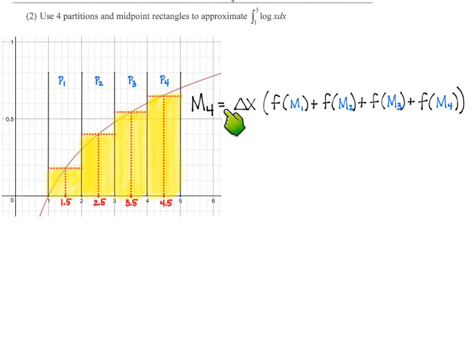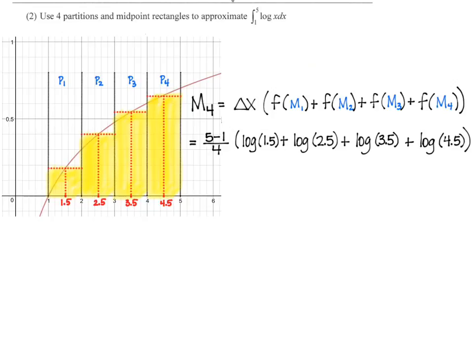Since the number of partitions is 4, we're going to have 4 midpoints. We can see, it was easy with the diagram to see that our midpoints are 1.5, 2.5, 3.5, 4.5.